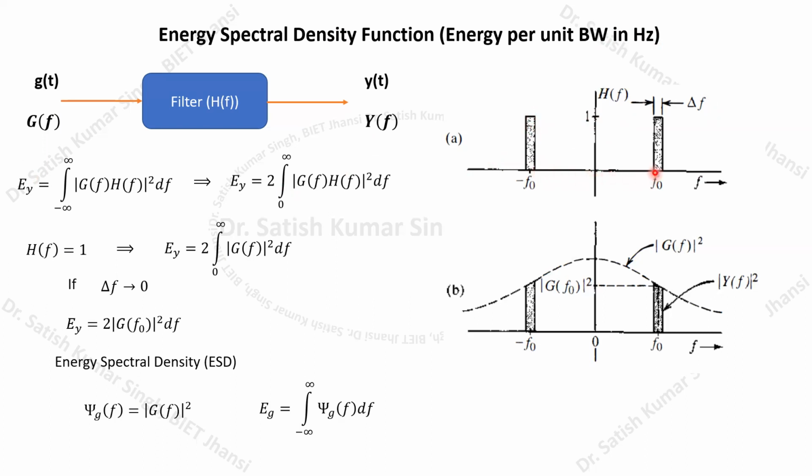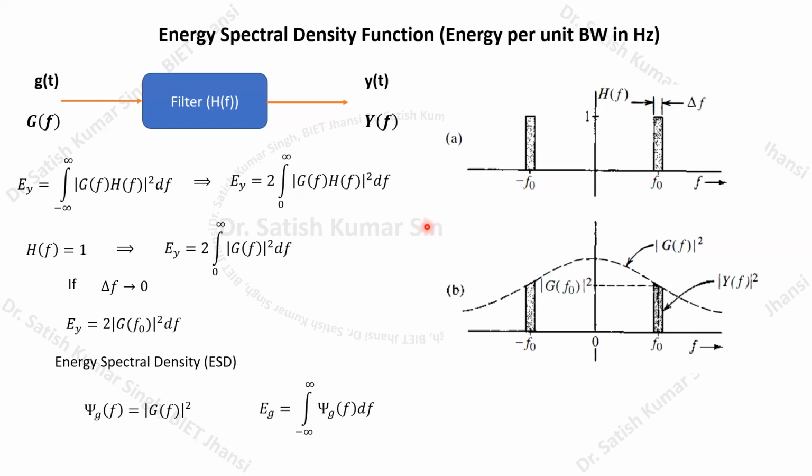It is available only around f naught, centered at f equals f naught, with width equal to delta f. So only for this width of frequency does G(f) survive and give a nonzero product. At all other places, because H(f) is 0, the product with G(f) is 0. That you have to remember, right?